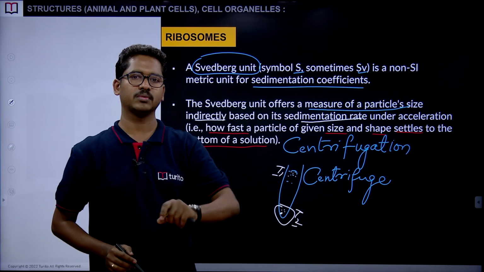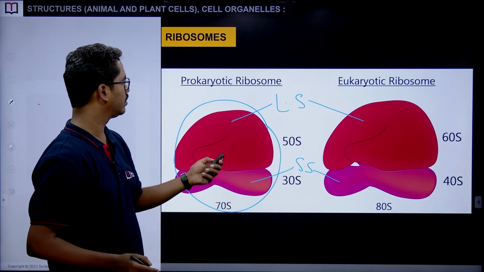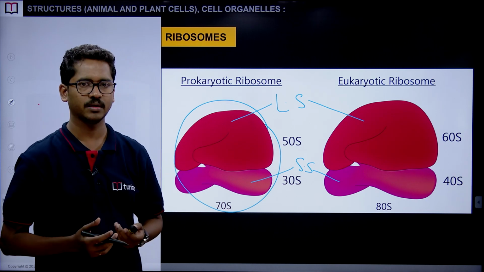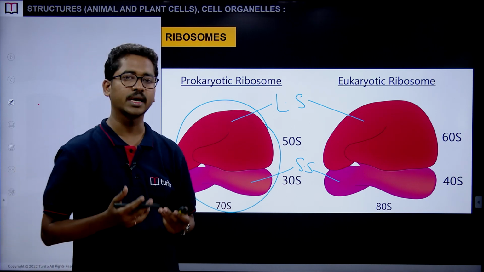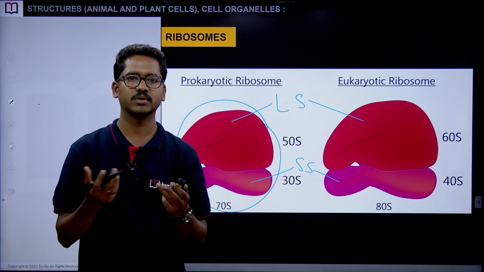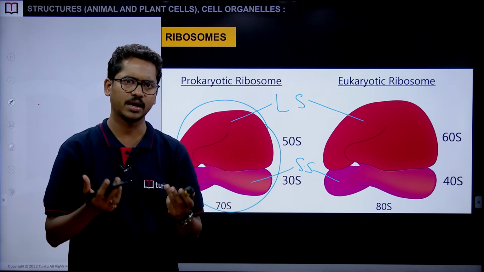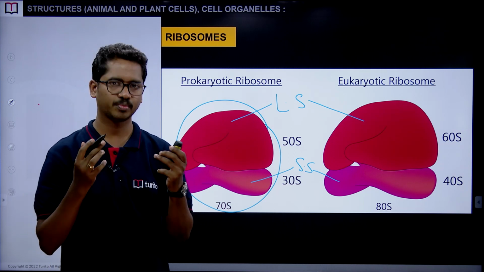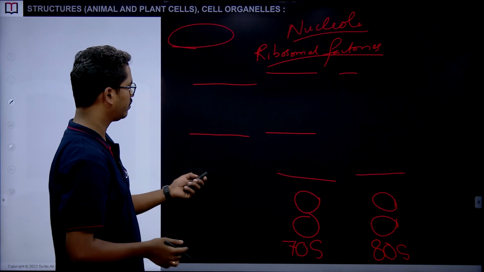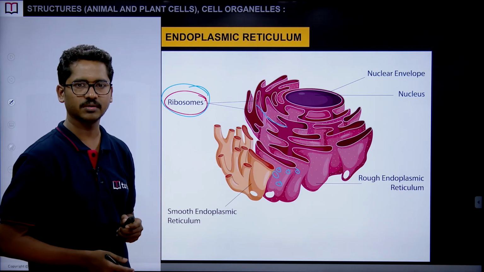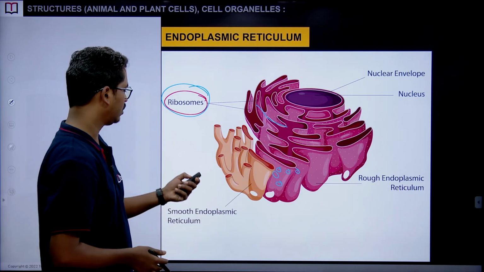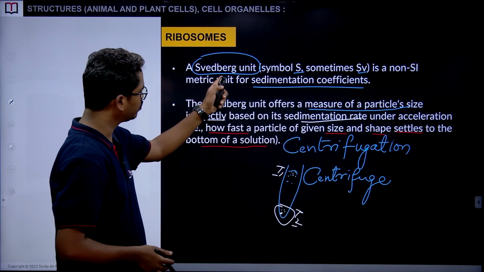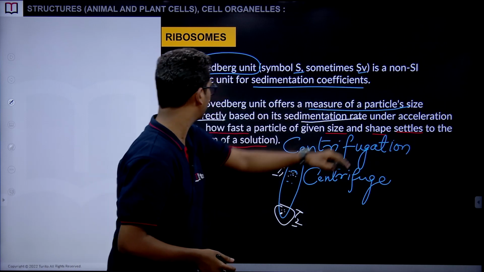This is how the size of these particles would be measured, because you and me cannot see them directly, so that we can measure their grain size using some scales or something. They are so small that we use a unit called the Svedberg unit, which is a non-SI metric unit.